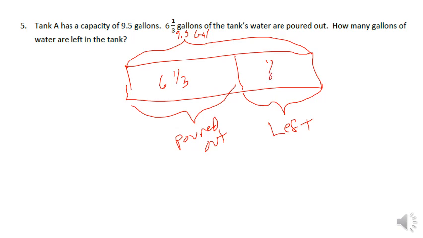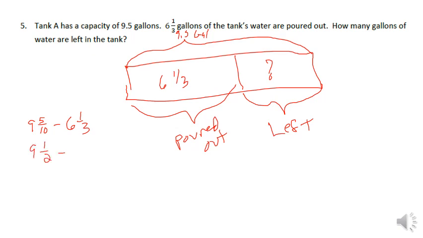So I can see in order to solve this, I'm going to end up with 9.5 gallons. And I know if I wrote that, it'd be 9.5 as 9 5/10 minus 6 1/3. Now I know 5/10 is actually also equal to 1/2.